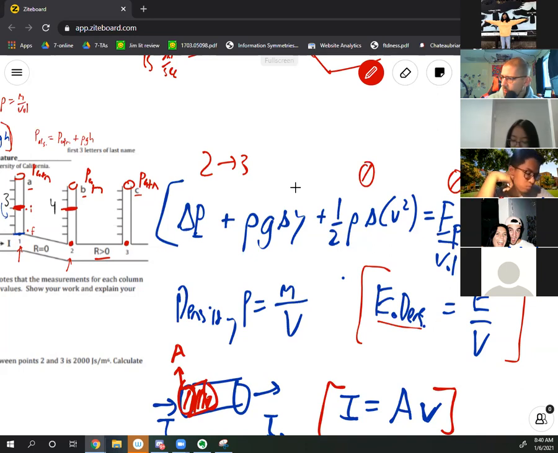There is no change in height between points 2 and 3. Again, I've got 3 of my 5 terms equaling 0, and 1 of them is non-zero. So the last one's also got to be non-zero, otherwise I'd have some number equaling 0. So I must have a change in pressure, and I do have a resistance.